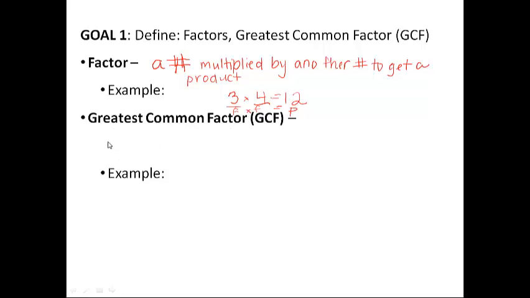Okay, the greatest common factor, kind of like least common multiple, you've got this word common, which means the same. We've got a factor, which we know is when you're multiplying. And then greatest is obviously another word for biggest or largest. So if you were to compare 2 or more numbers, it's going to be the factor that they have in common or the same, and this time we want the biggest number.